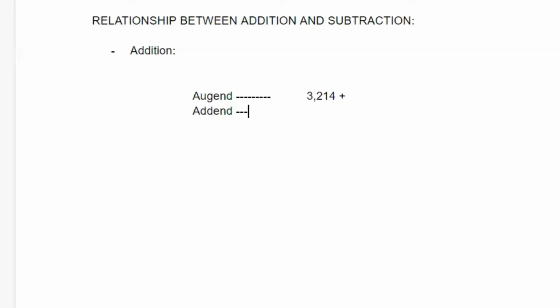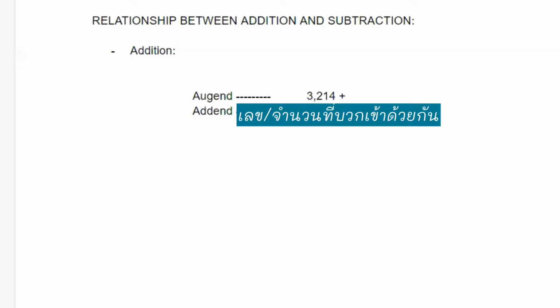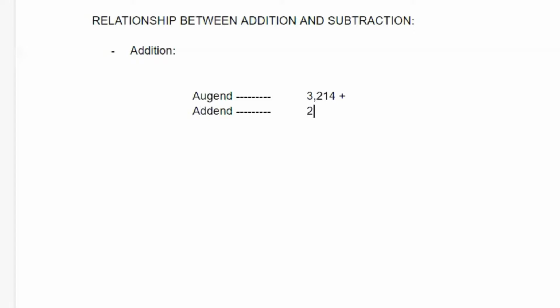I want you to write this example in your notebook. In this case, the addend is 2,143. So 3,214 plus 2,143.